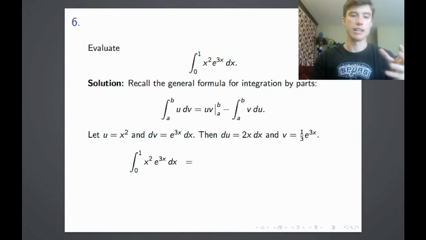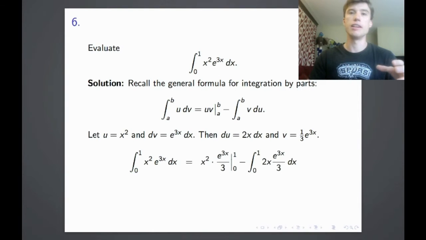And we get that the integral from 0 to 1 of x squared e to the 3x dx is equal to x squared e to the 3x over 3 evaluated from 0 to 1, less the integral from 0 to 1 of 2x e to the 3x over 3 dx.